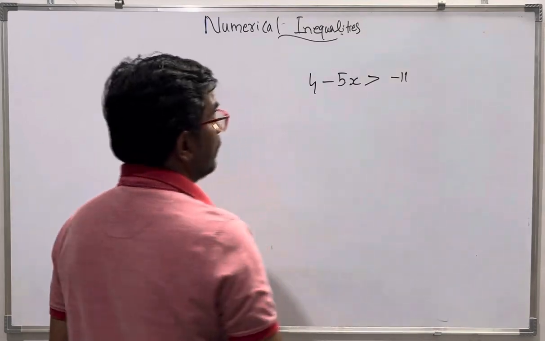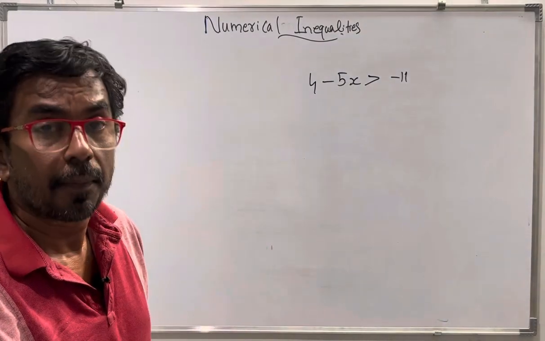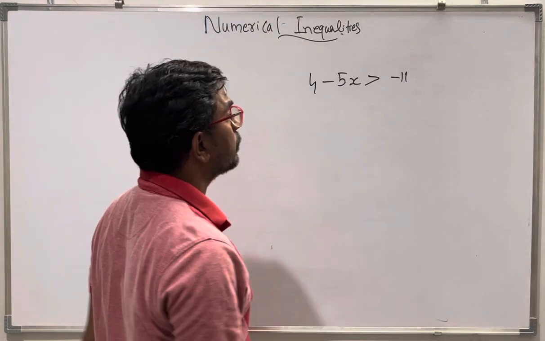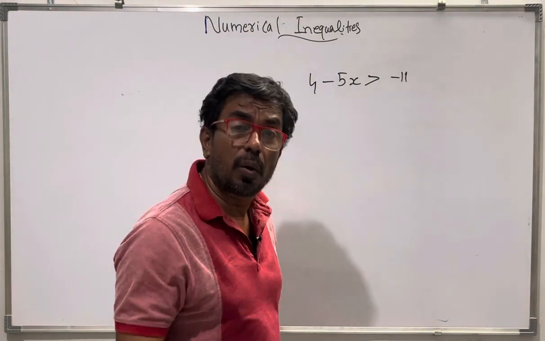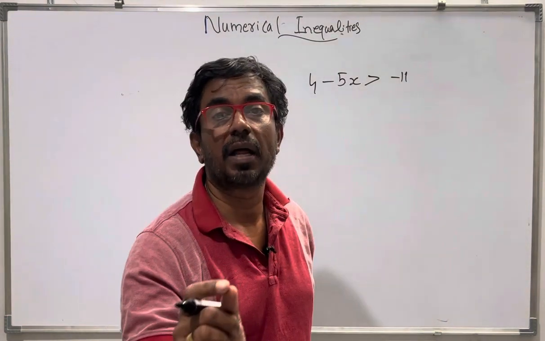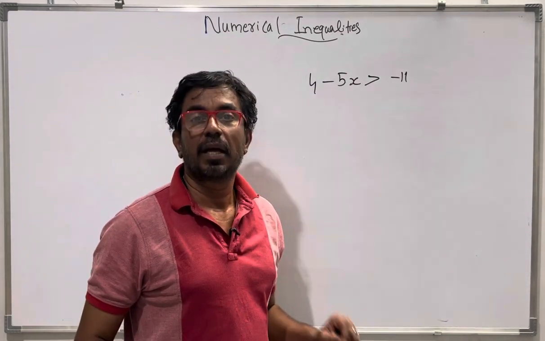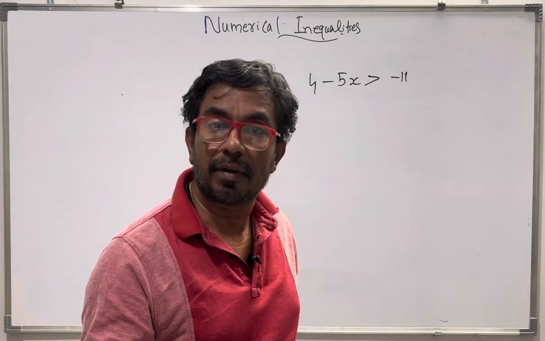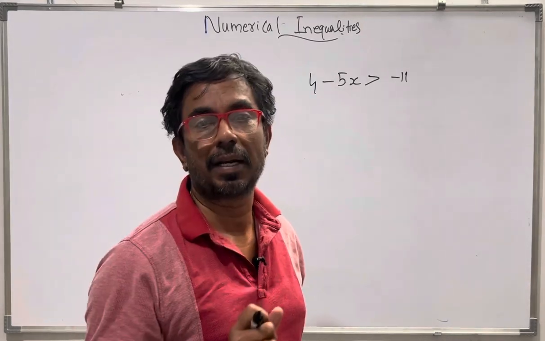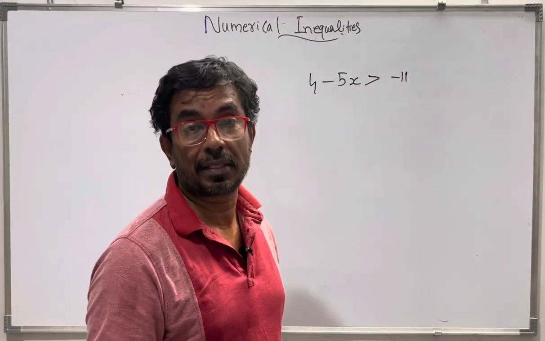This is one inequality which I have written. How do we solve this one? Solving means you need to understand how x acts or what x should be. X should be less than 5 or greater than 5, something like that you have to tell as an answer. So I need to isolate x, that's my job.